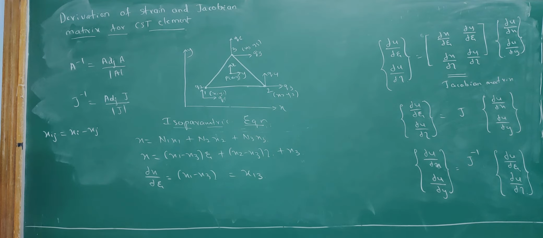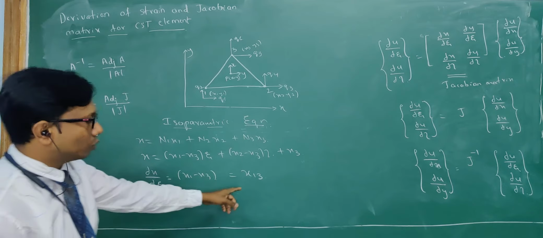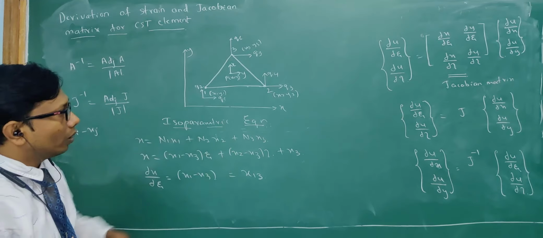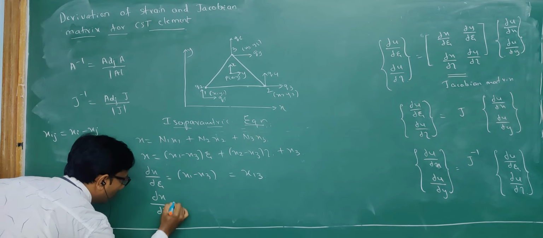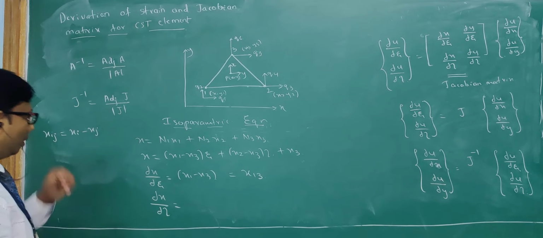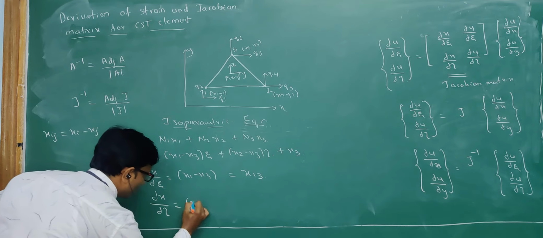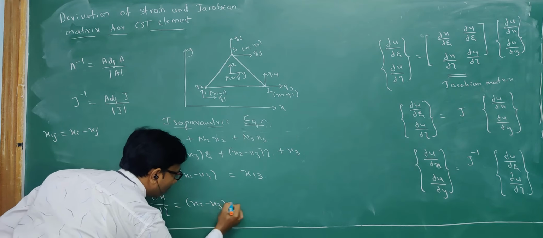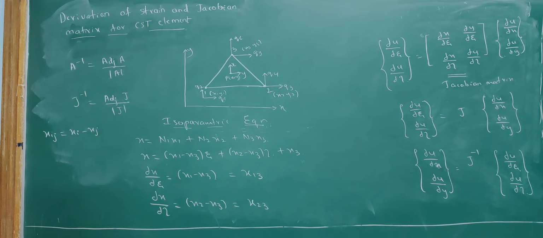For simplification, you need not write the whole thing. So dou x by dou zeta is x13. Similarly, dou x by dou neta is x2 minus x3, which is x23. So you got two parameters here now.